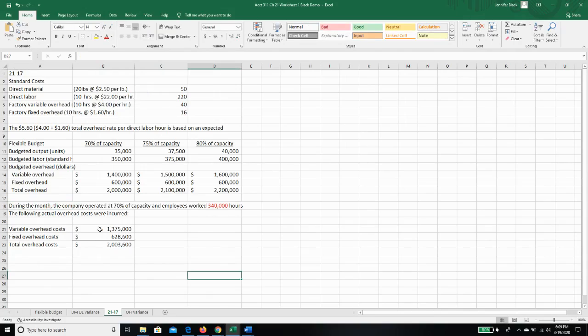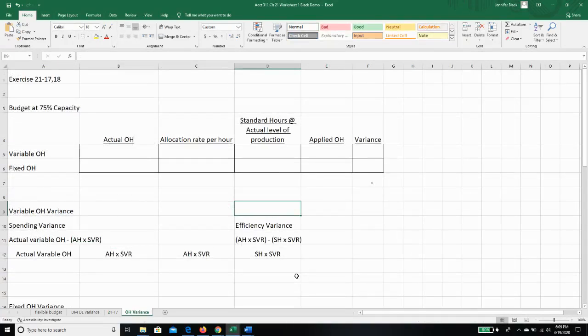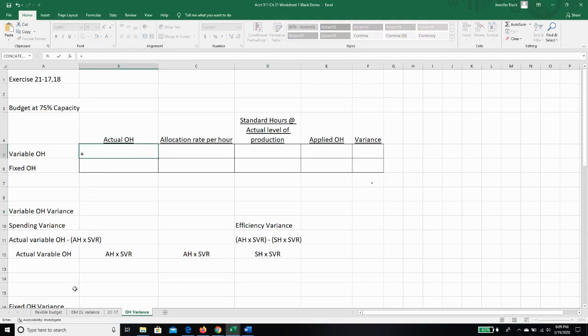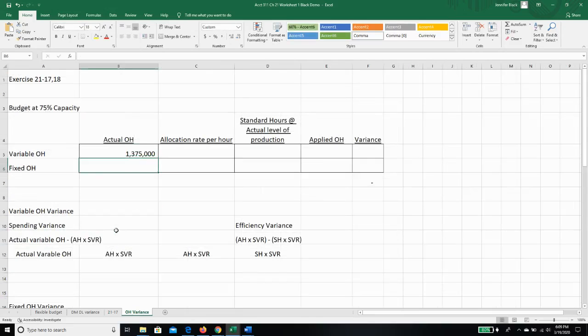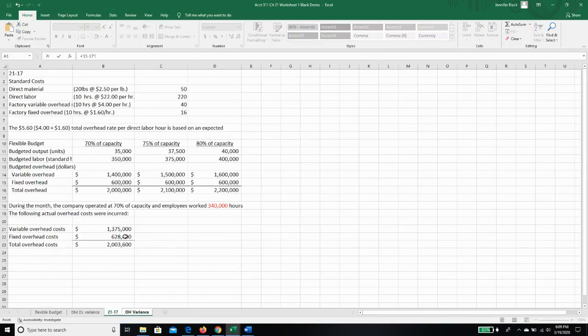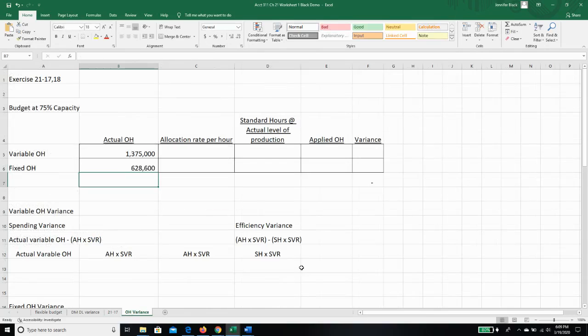All right, and then we have our actual overhead costs. So we're going to go to our worksheet over here, and we are going to take a look at our overhead costs. All right, so our actual overhead, we know that because it was given to us. Our actual variable overhead was 1,375,000, and our actual fixed overhead was 628,600.